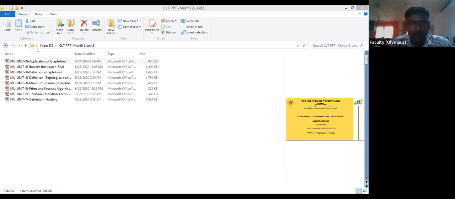The next one, the graph is mainly used to represent the molecular structure of a human being, okay. The molecular structures are represented in the format of nodes and edges, which is shown on the screen here.